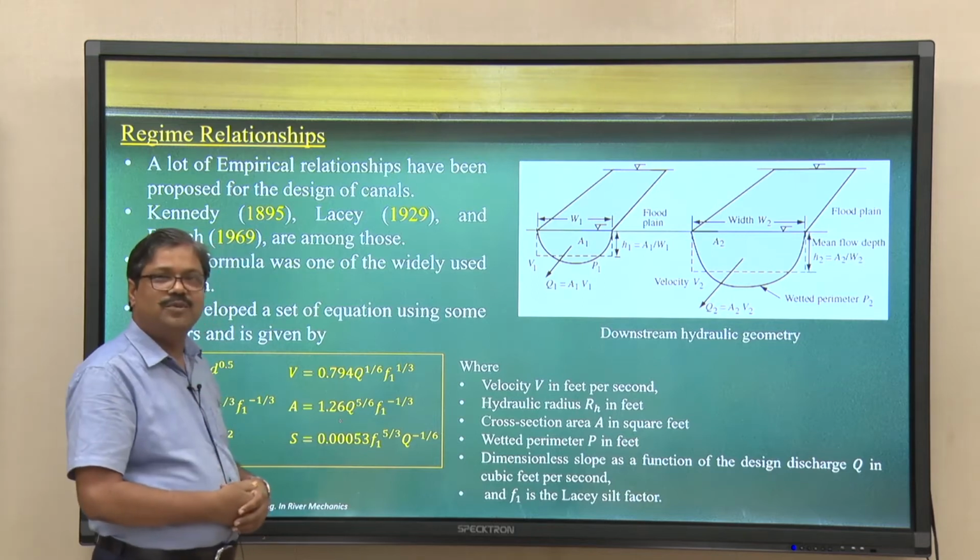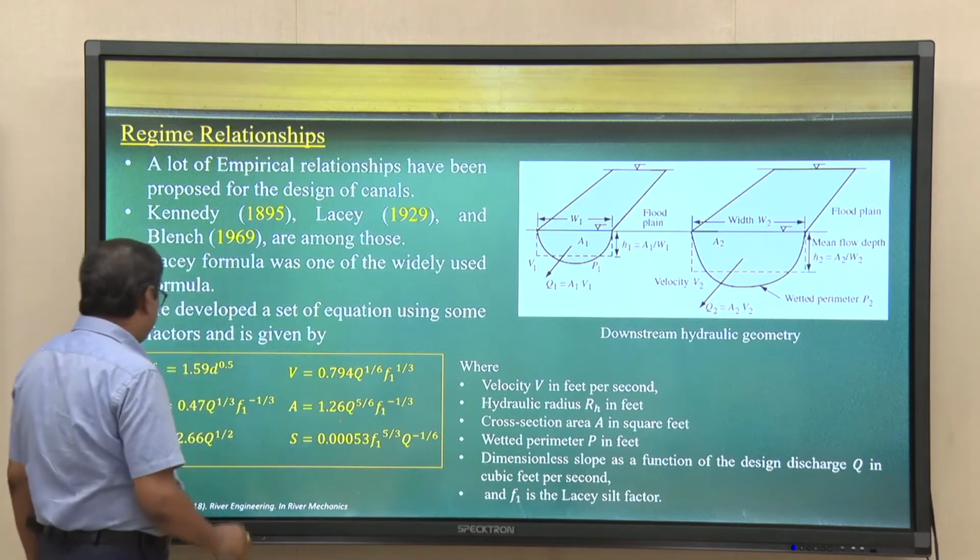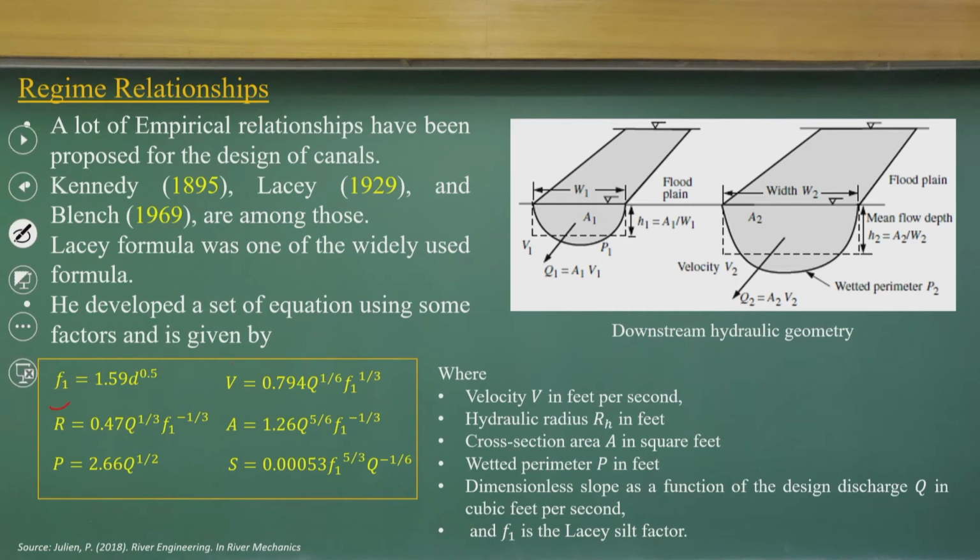So, Lacey's equations, if you look at that, identified basically the velocity, area, the hydraulic radius and the wetted perimeter P, which are dependent variables, as functions of discharge and silt factor.